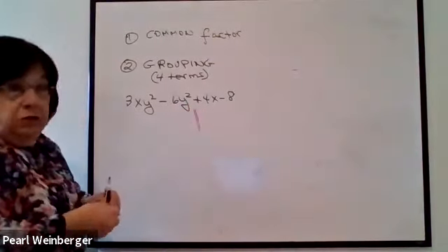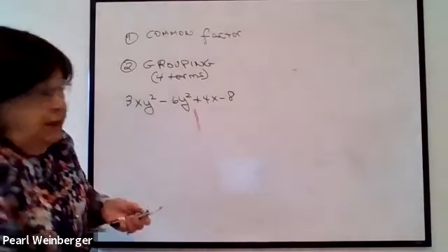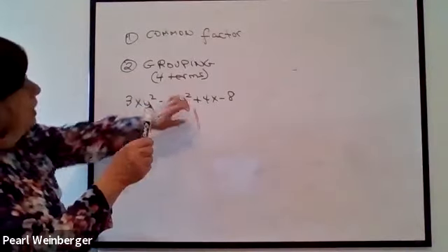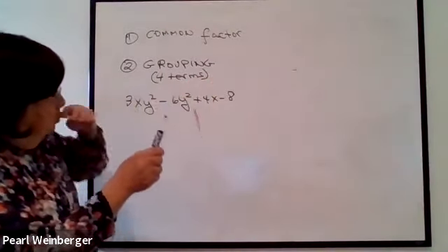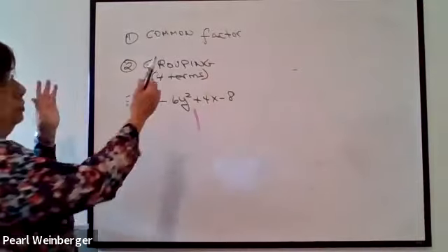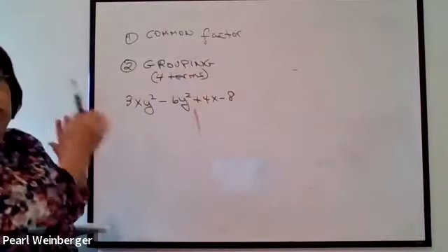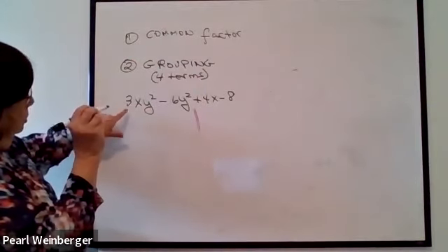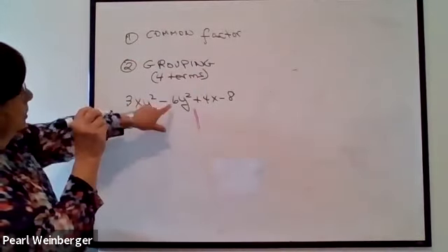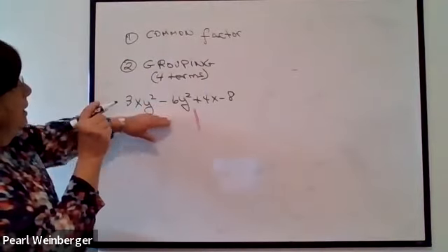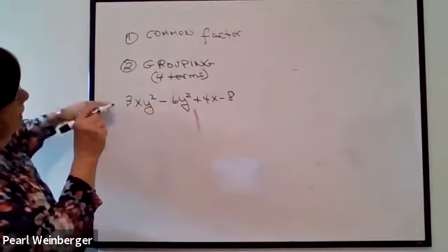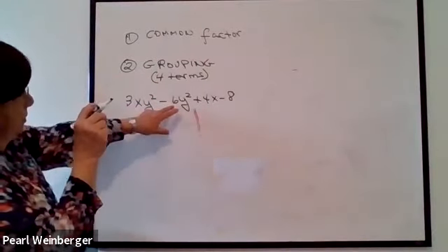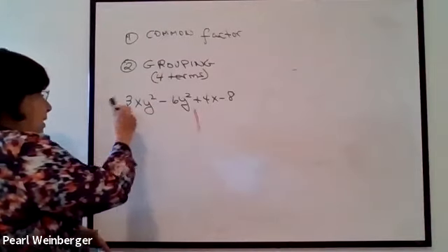In other words, group your first 2 terms together, group your second 2 terms together. Since there's 4 terms, you have 2 groups, two binomials. Look first at the first group, 3xy squared minus 6y squared. Is there a common factor in that group? Yes, I see, first of all, between the 3 and the 6, 3.